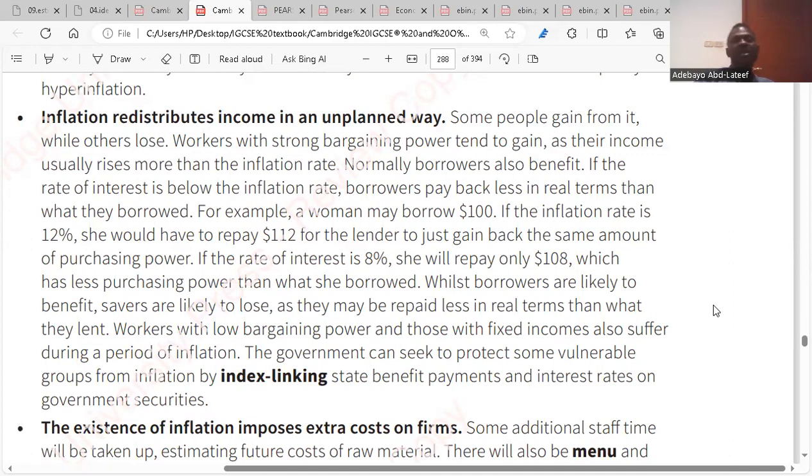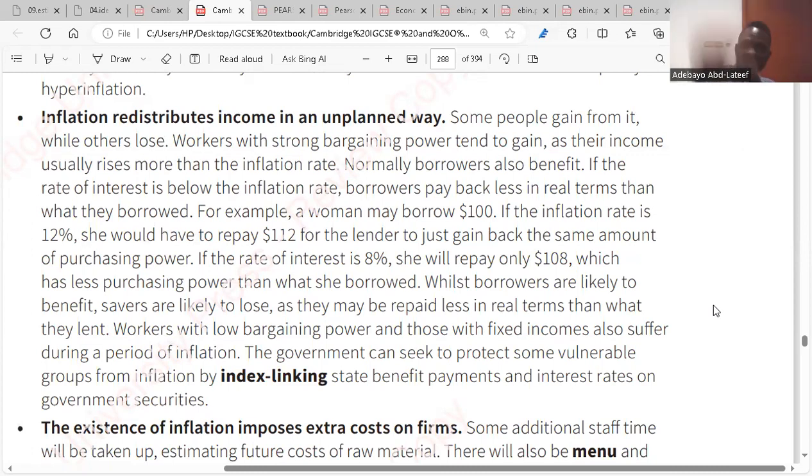Now let's explain it. Fixed income earners will still be receiving the amount of money they used to receive, but they might not be able to get more. Even salary earners, in the short term, might not be able to get more.